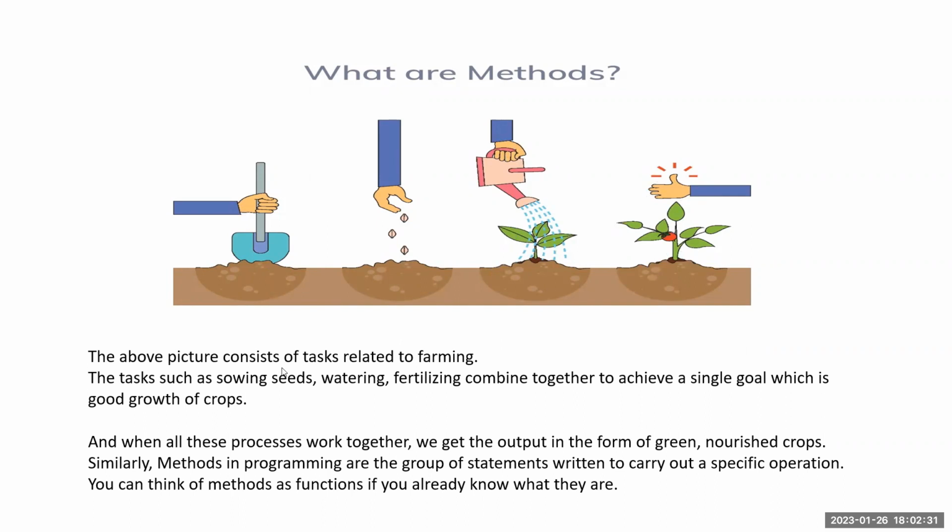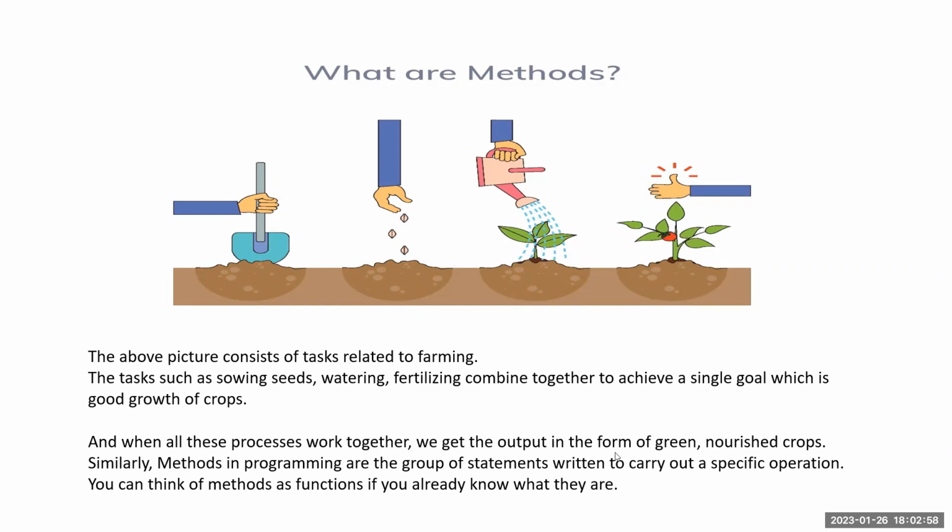When all these processes, these three things, work together, only then will we get a good output. That means these three things are the main part of our programming. Once everything works well, you are going to get a good plant.